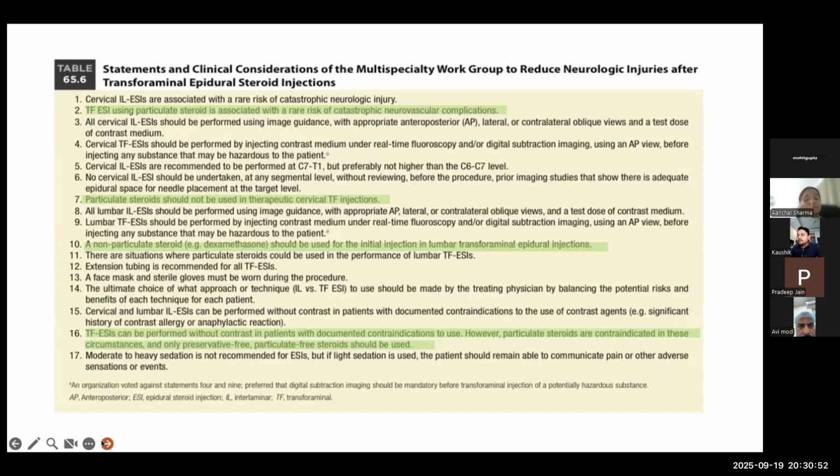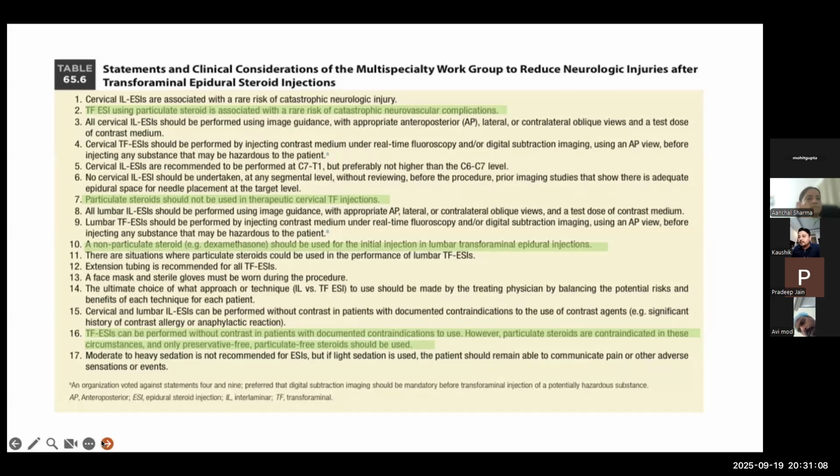They have said that all cervical intralaminar epidurals should be performed, of course, with image guidance, and particulate steroids should not be used in therapeutic cervical transforaminal injections.